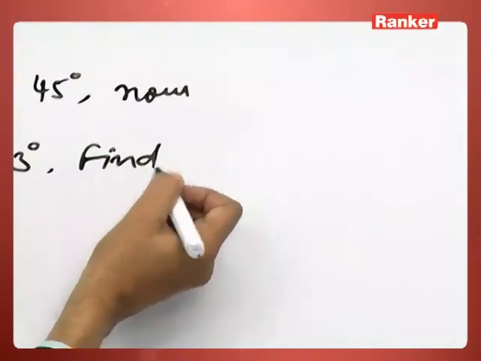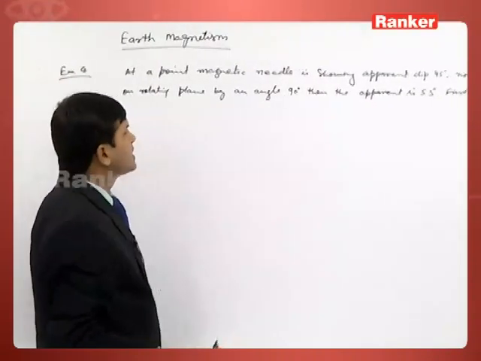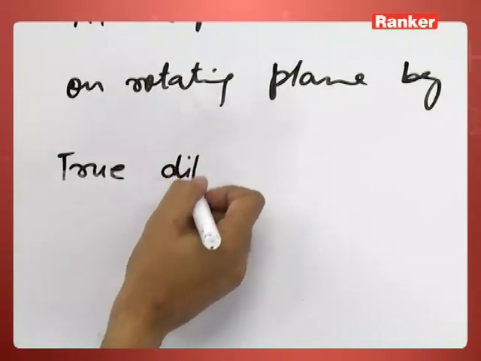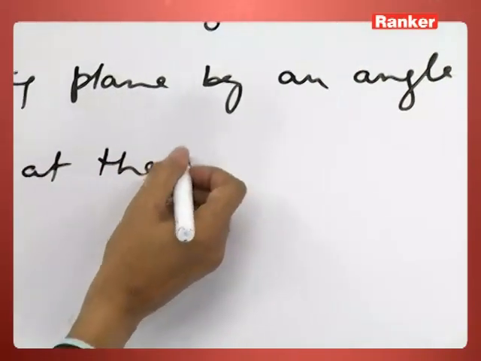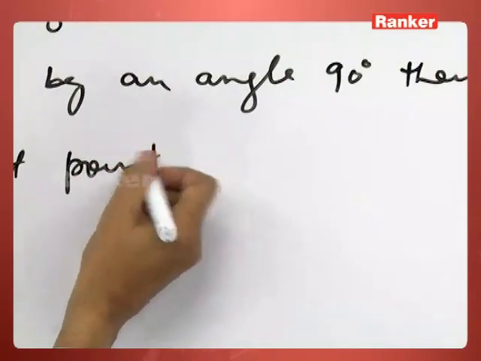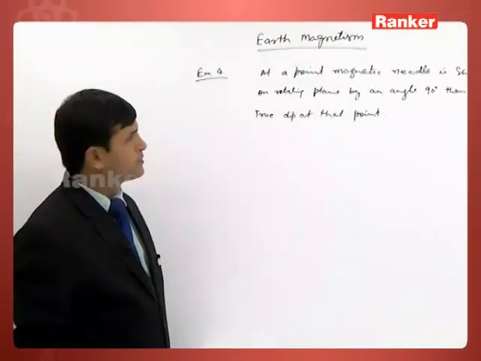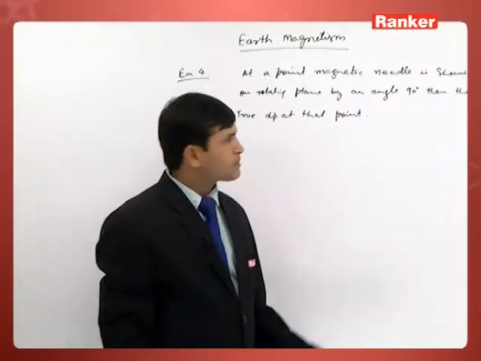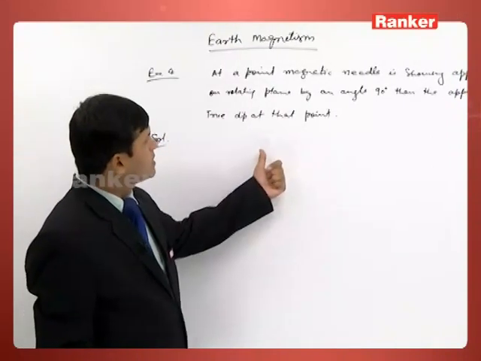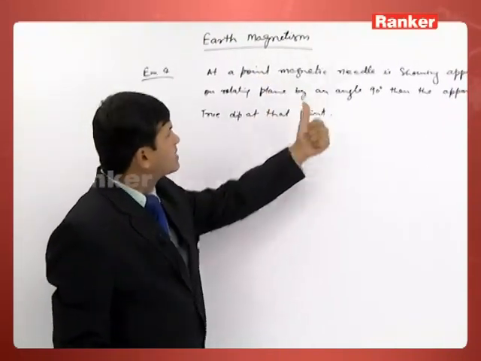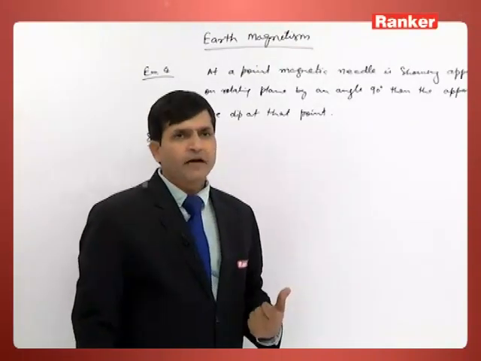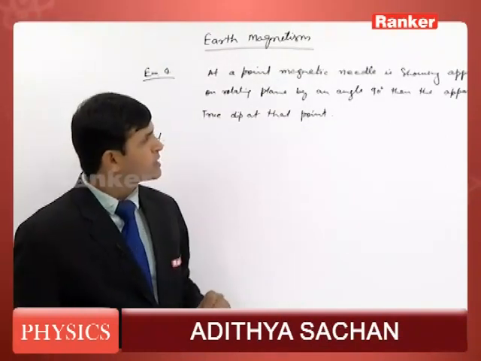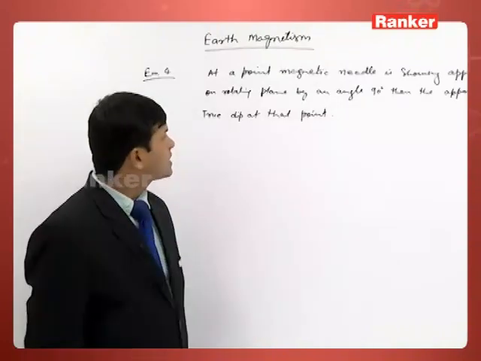So find the true dip at that point. Now, see the meaning of this question here. The question is that at a given point, the apparent dip is your 45 degree. When we are rotating the plane by angle 90 degree, then the apparent dip is your 53 degree. Find the true dip at that point.